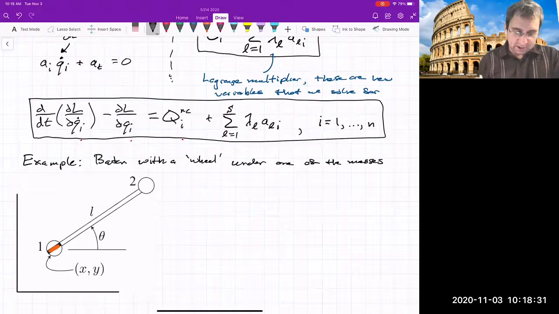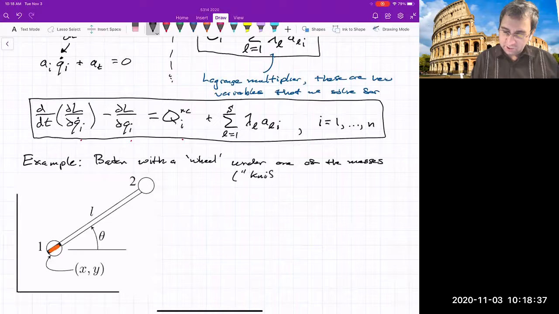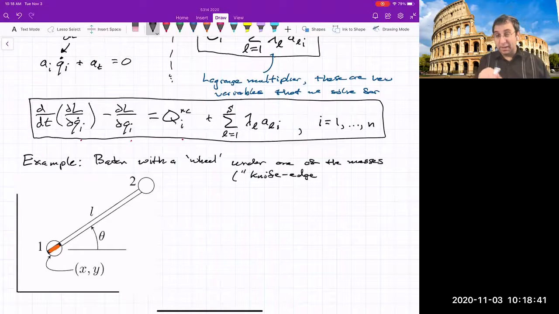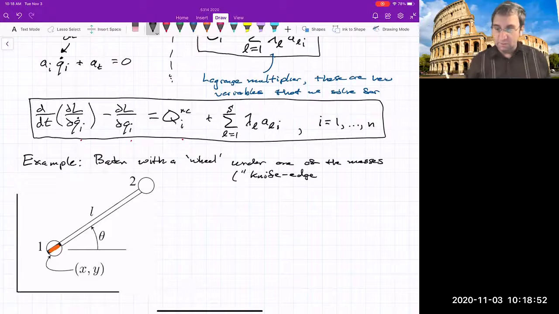This puts a constraint on how mass number one can move. It's sometimes called a knife edge constraint because it's as if you have a knife edge or a skate, like ice skates, underneath that mass that forces it to only move in the direction that the blade is, not perpendicular to it.